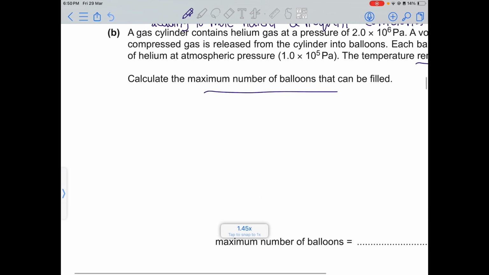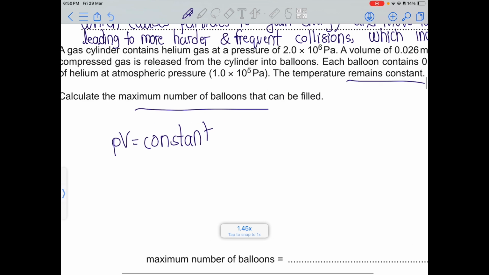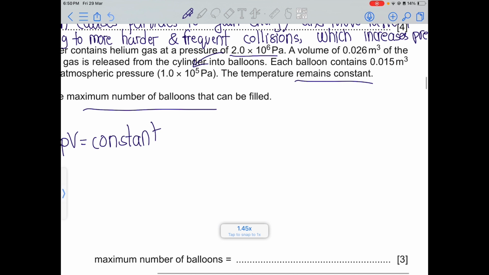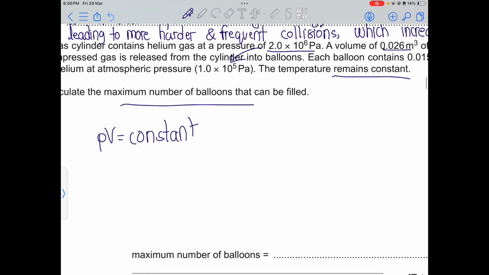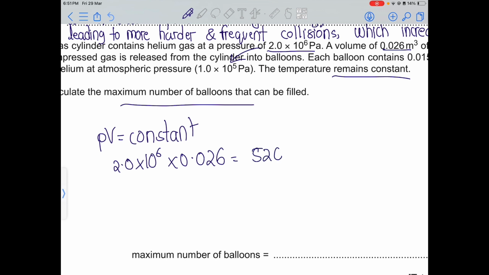First of all, an important formula to realize is that PV is constant. So you need to know that if I bring this pressure of 2.0 × 10^6 down to atmospheric pressure, what would this volume be? So 2.0 × 10^6 × 0.026 is 52,000.